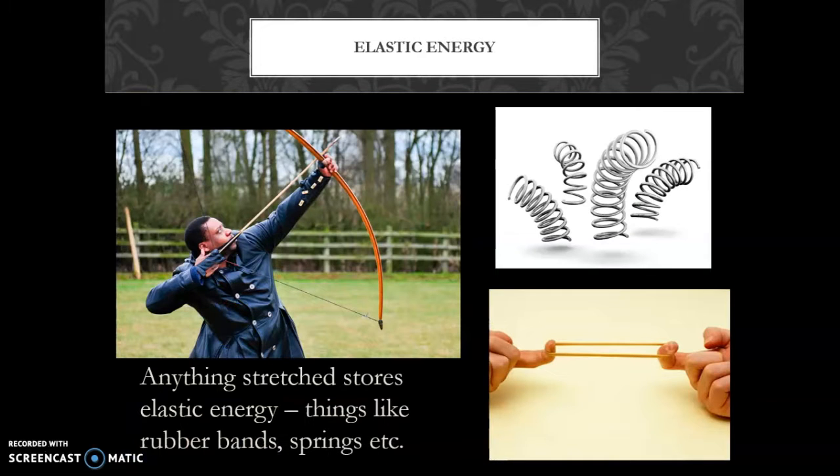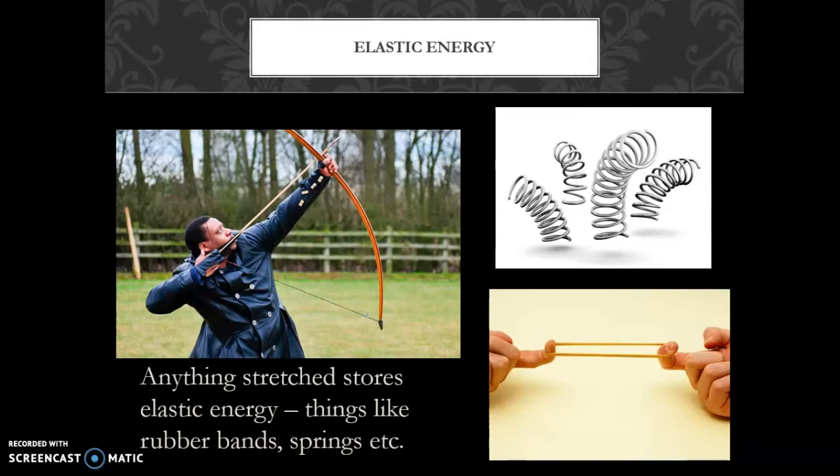Then we've got elastic energy. Again, notice we don't have elastic potential energy. Same reasoning, everything essentially is a potential store now, so it just seemed silly for us as physicists to keep that word in when it really had no meaning anymore.